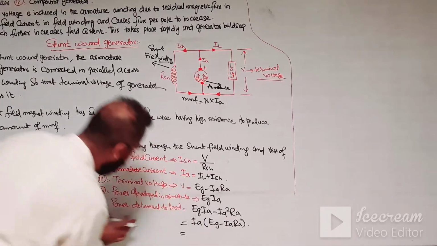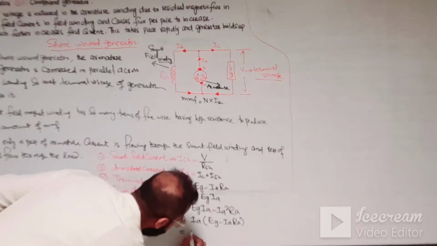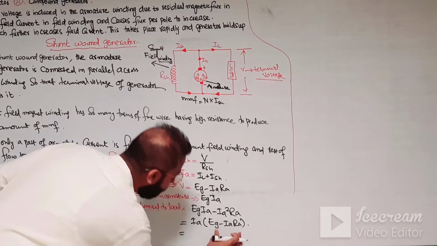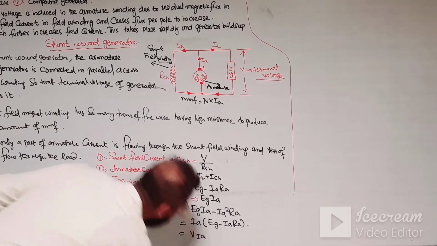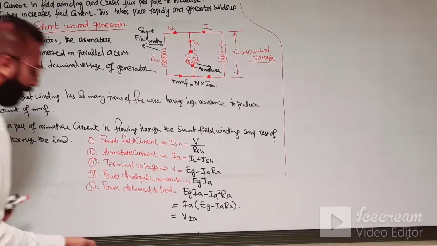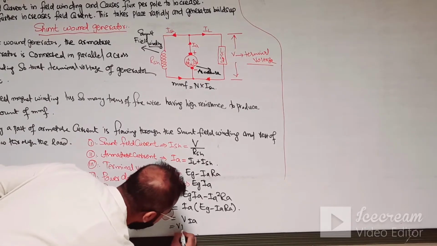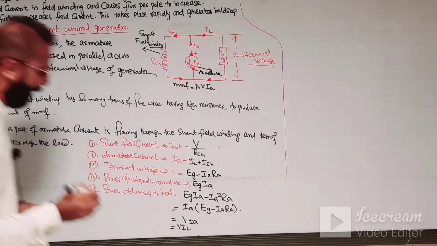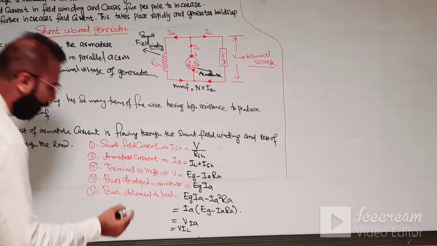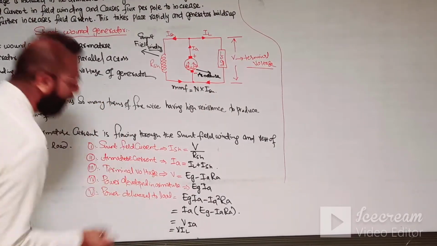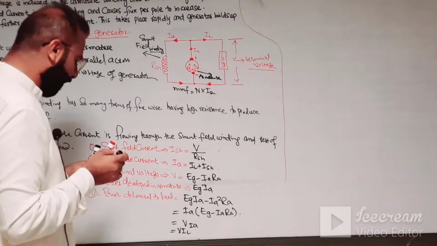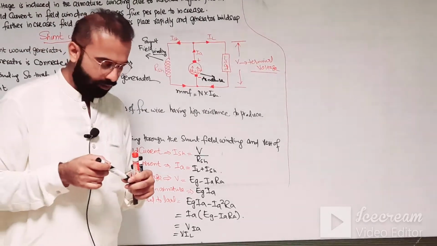So the power delivered to the load is V Ia, which is the same as V IL. So power delivered to the load is the product of the load current multiplied by the terminal voltage.